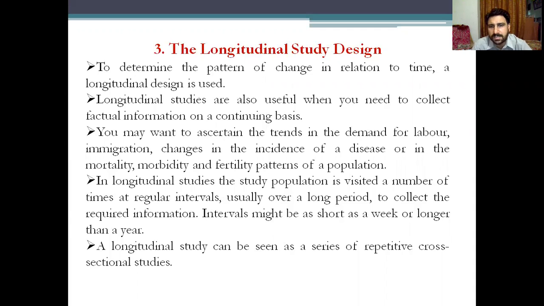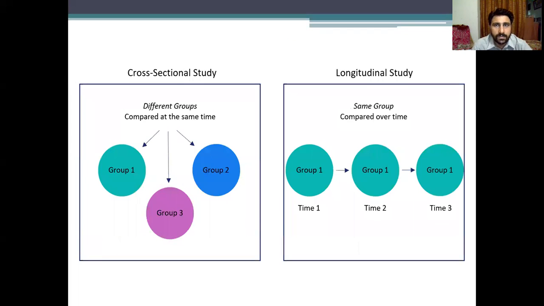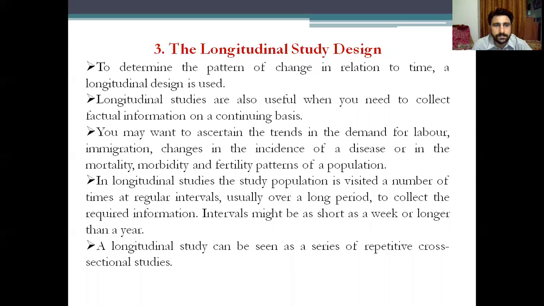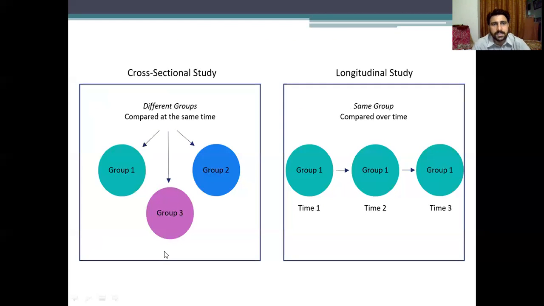It can be seen as a series of repetitive cross-sectional studies. For example, in a cross-sectional study design, let's say we have three different groups, and at a single time point you contact these groups and collect one-shot information or data for each study group.